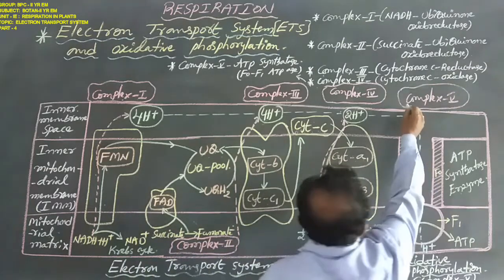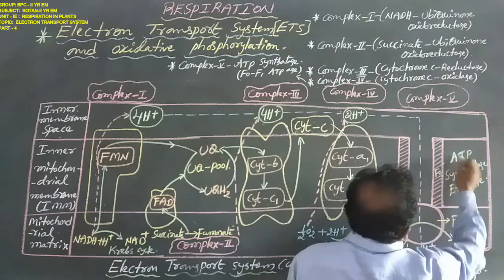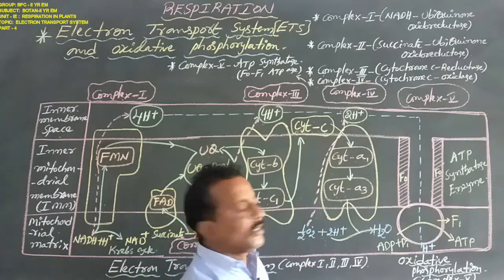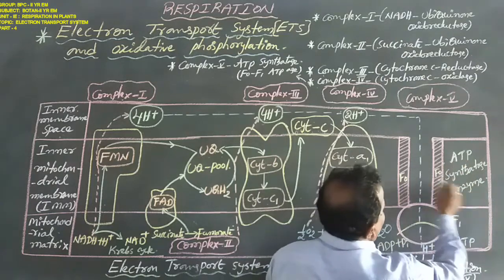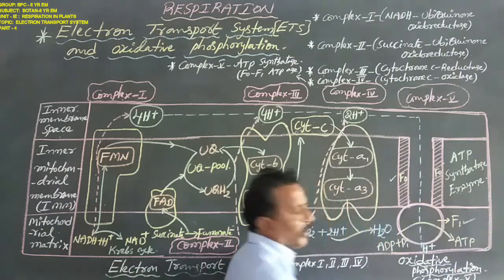Now this is complex 5. Complex 5 contains the ATP synthetase enzyme, which consists of two parts: one is F0, the second is F1.